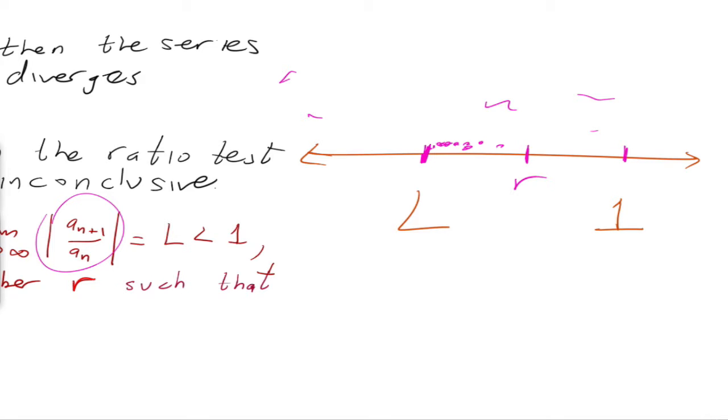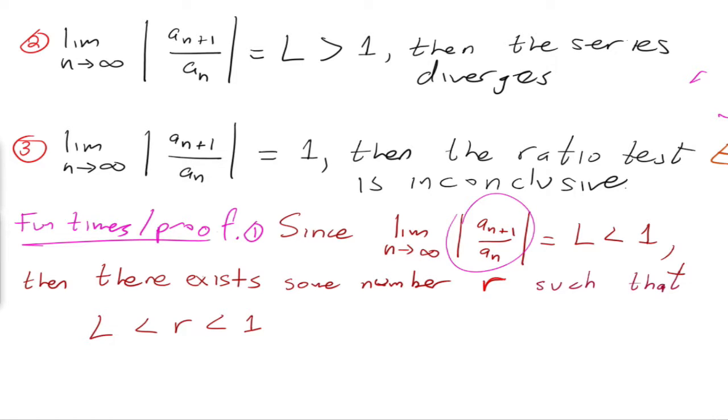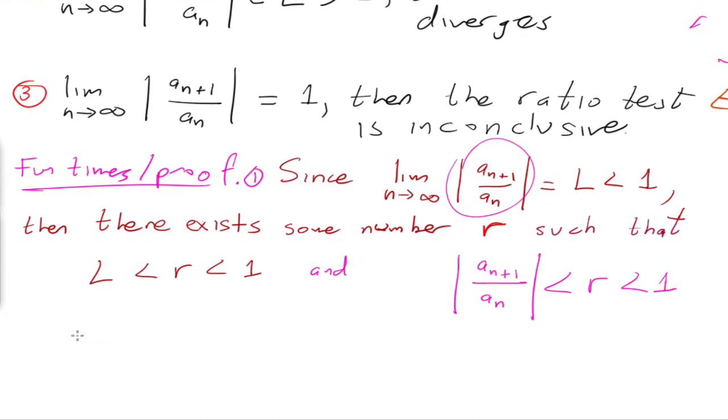Okay, all right, good. So such that that's true, let's see, the ratio a sub n plus 1 over a sub n, well, I'll write it down again, is less than R is less than 1 for n greater than or equal to some number m.